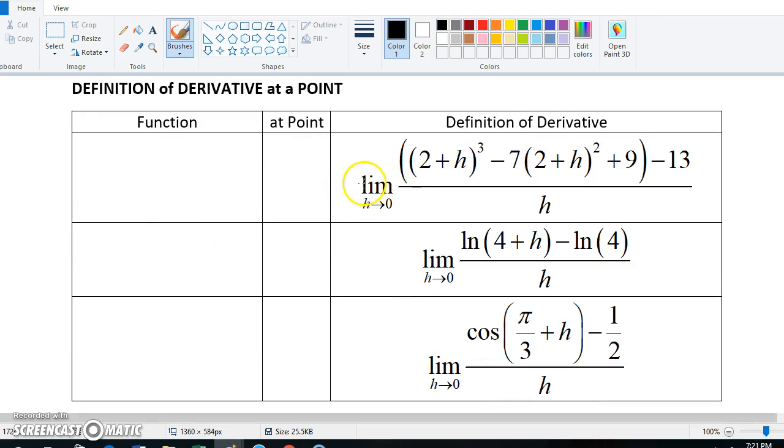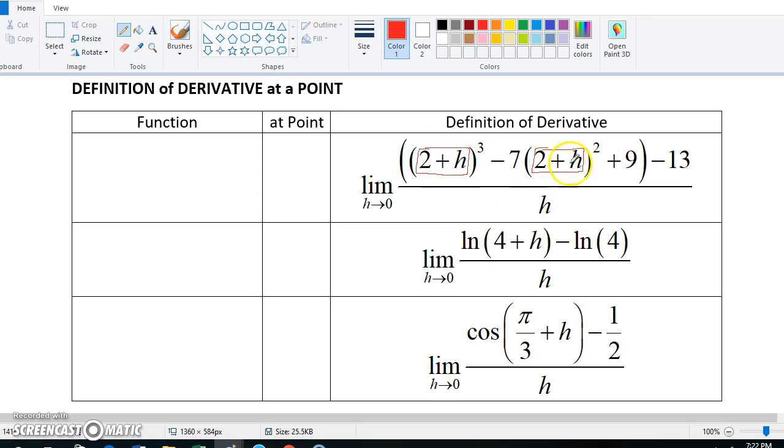All right, this top one is a little messy, kind of like that s of t situation we were in. So I'm just going to highlight or put a box around that 2 plus h expression that I see a couple different times. Remember, with the s of t scenario, I left a space to plug in 5 plus h or 3 plus h or whatever it was, okay?